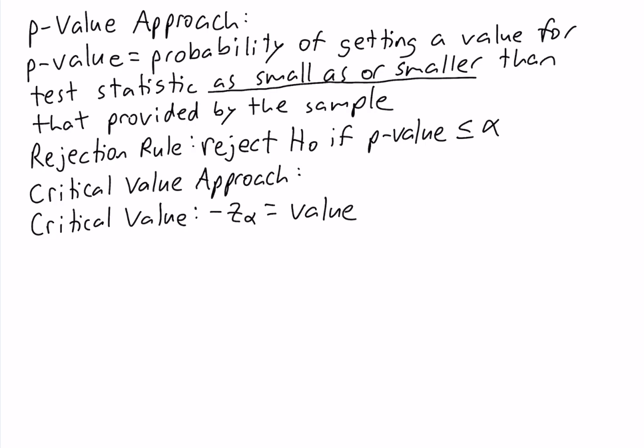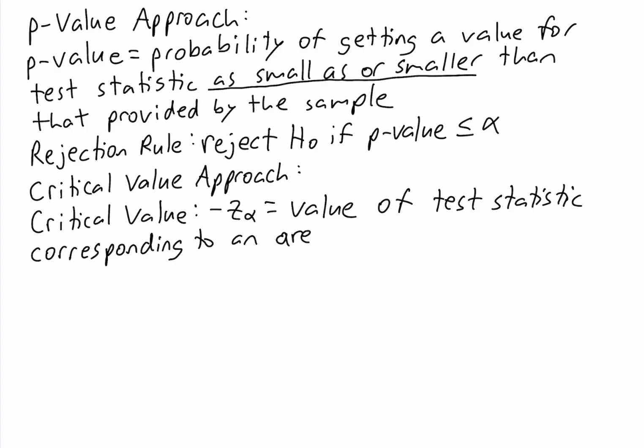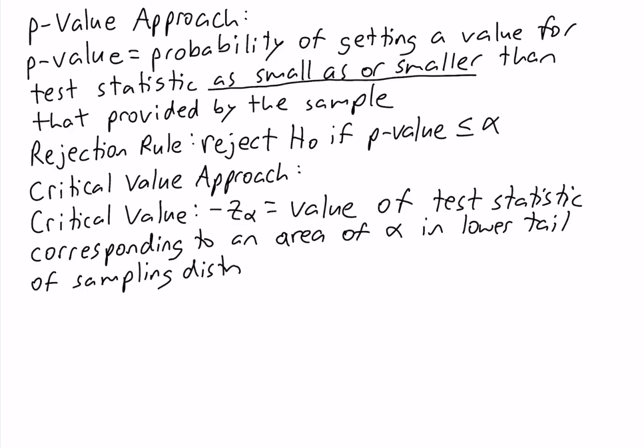And negative z alpha is the value of the test statistic corresponding to an area of alpha in the lower tail of the sampling distribution of the test statistic.